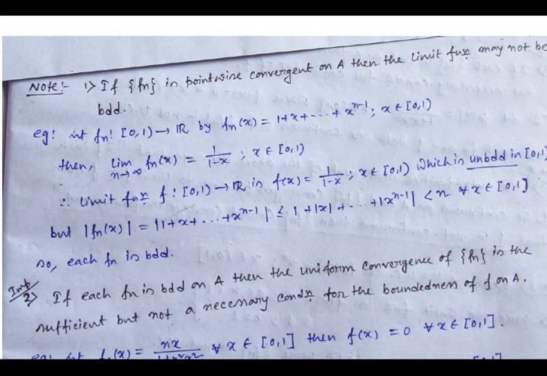So let us try to cite an example. Let us consider for each n, f_n from the interval [0,1) to the real numbers defined by this function 1 plus x to the power n minus 1, x belongs to [0,1). Obviously you can see that this term gives us a remembrance of the GP series.